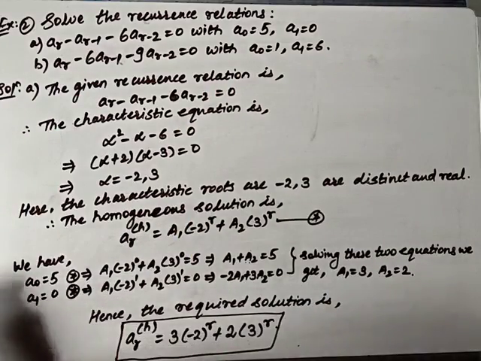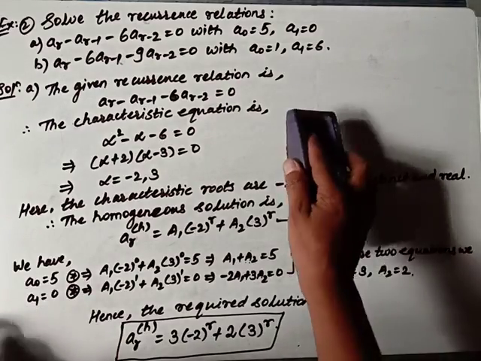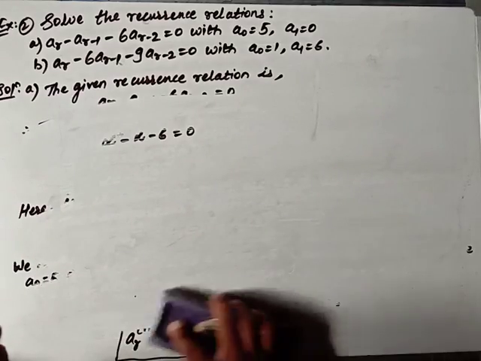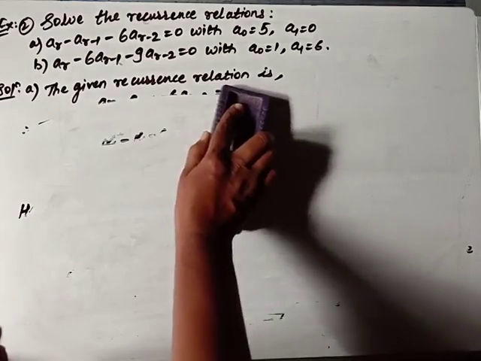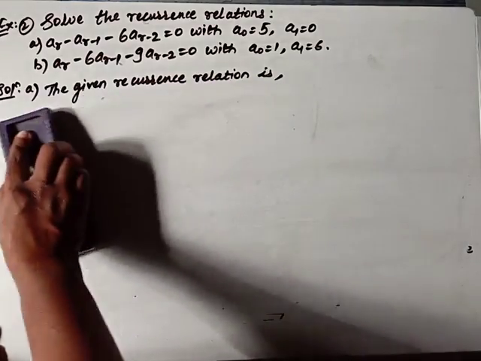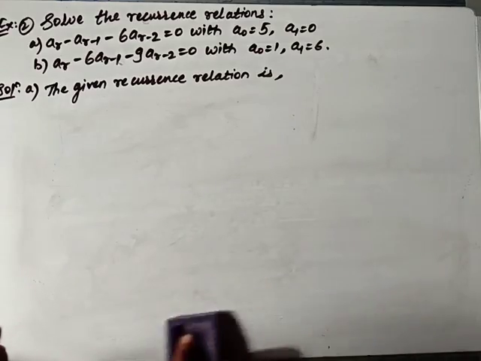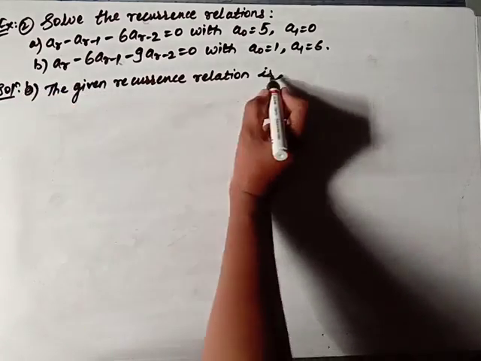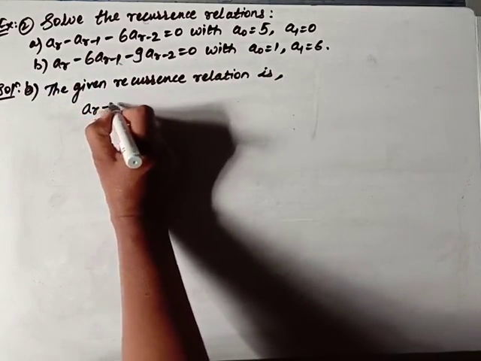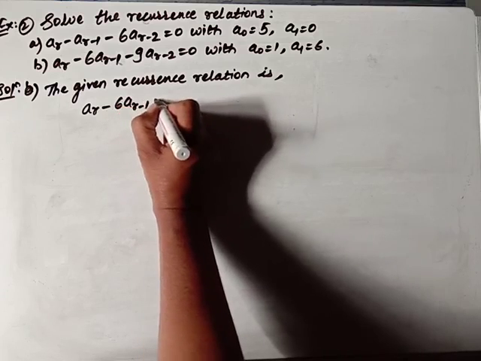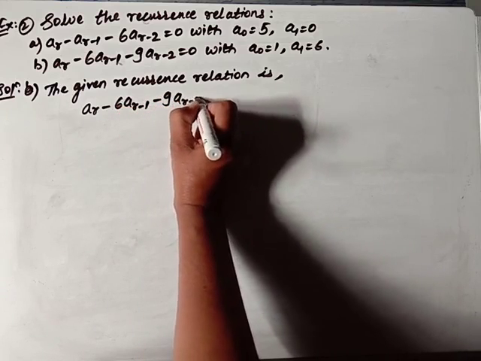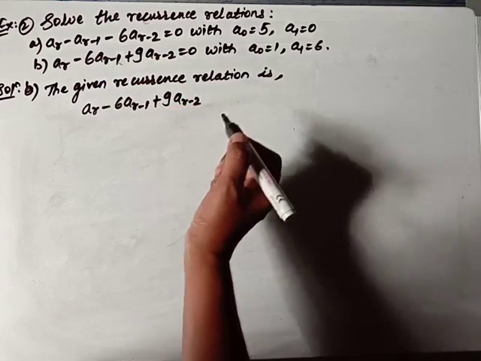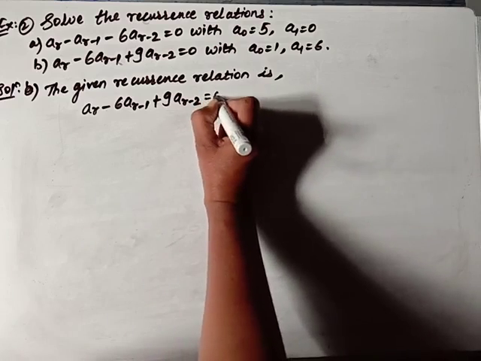Now let us solve the second one also in a similar manner. So for the second one, let me do part B. The given recurrence relation is a_r minus 6a_(r-1) plus 9a_(r-2), and I take plus here, it will be more useful again, that is equal to 0.